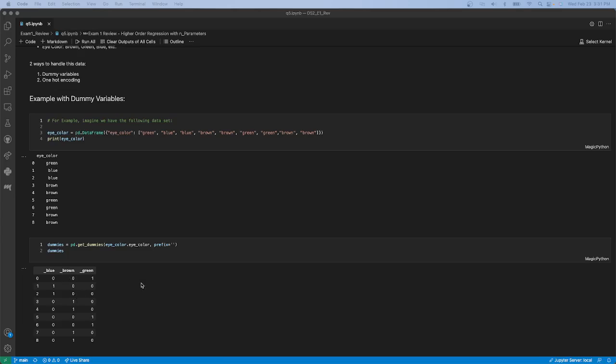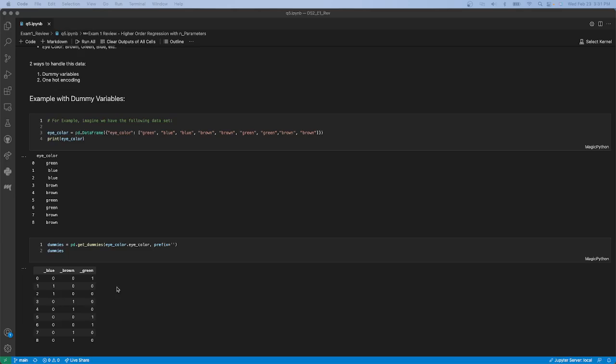And since there's 3 different features, we're going to have 3 different columns. So it makes sense. And then we can see, okay, brown. Okay, there was a brown here, so 1, 1. Brown here, so 1, 1 again. And this is representative of our new brown input feature. And you can see there's only 0 and 1, so we don't have any inherent ordering now associated with our data.